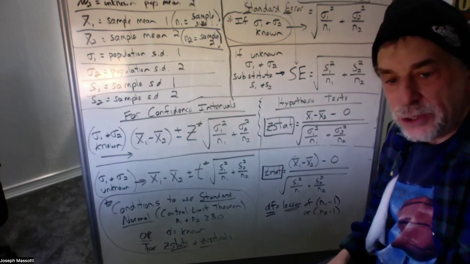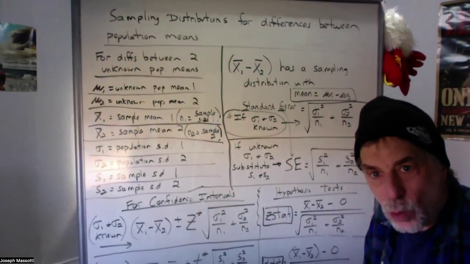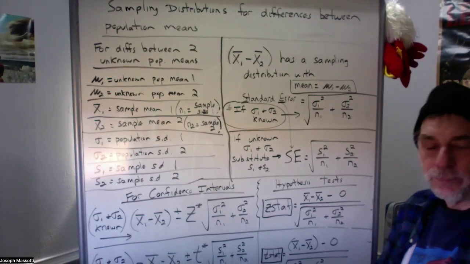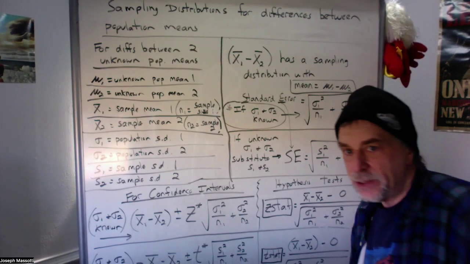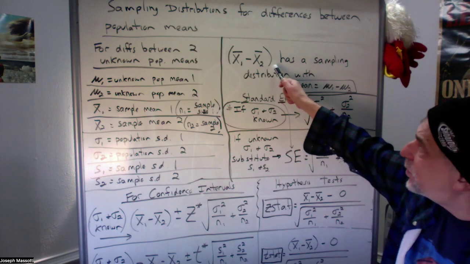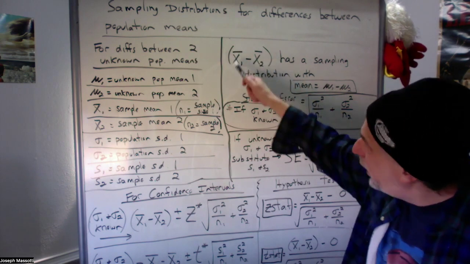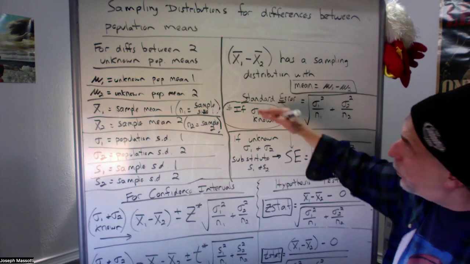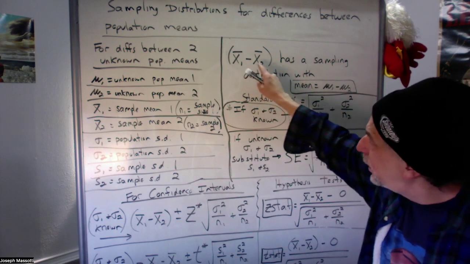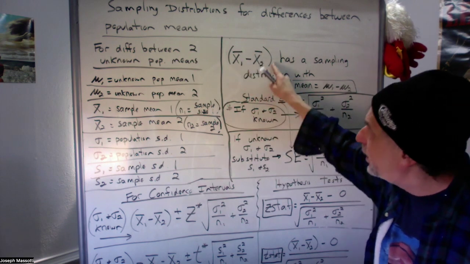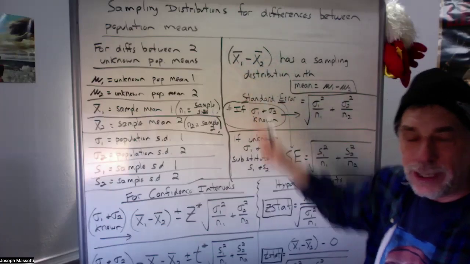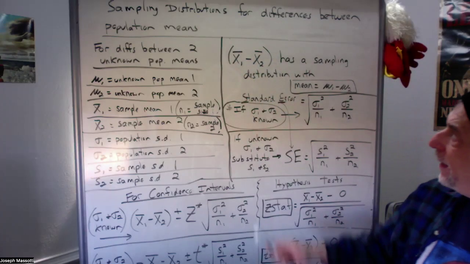Okay, so same conditions as before when we were doing one mean. Now we're looking at the difference between two means. So when those conditions are met, the difference between the two sample means, we're going to look at the sampling distribution, and this is going to be our sample statistic, right? The difference between the two sample means.